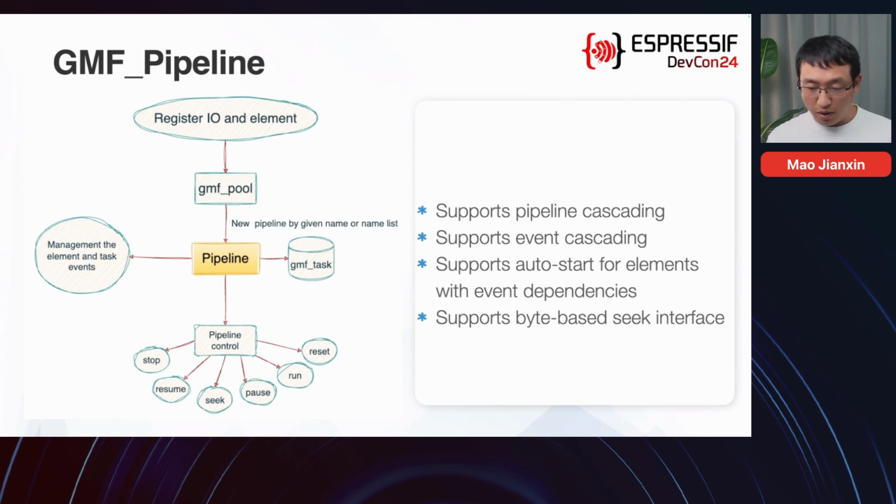For example, in a pipeline with two elements, a decoder and a resampler, the resampler depends on the music information passed by the decoder. GMF pipeline will start the decoder first. The resampler will only start once the music info is available. This process operates simply and without noise. The pipeline supports controls such as run, stop, pause, resume, and reset.